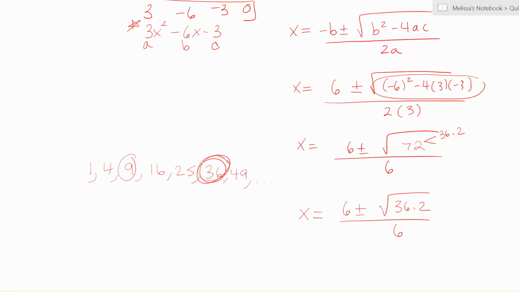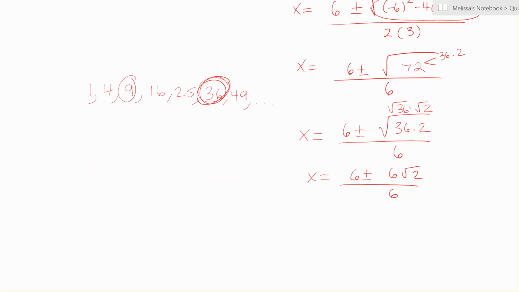Now, with a radical, with a product, you can actually break the product up. It's the square root of 36 times the square root of 2. So that simplifies to 6 square roots of 2. So now I have 6 plus or minus 6 square roots of 2 all over 6. And so here you can distribute the division, and you have 6 divided by 6 plus or minus 6 square roots of 2 divided by 6.